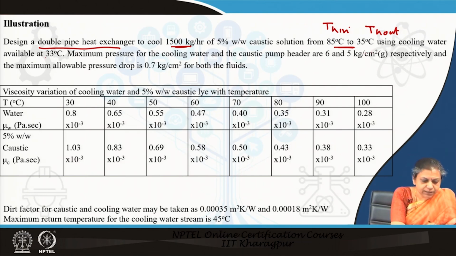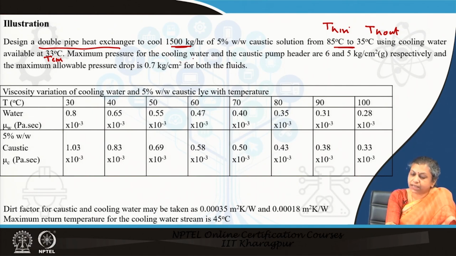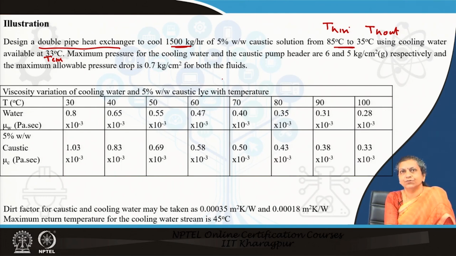So the cooling water temperature Tc in is also given. Now, the maximum pressure for the cooling water side and the caustic side is also specified. This is something you need to respect, because according to these the heat exchanger has to be designed. The maximum allowable pressure drop for both the fluids are also given.